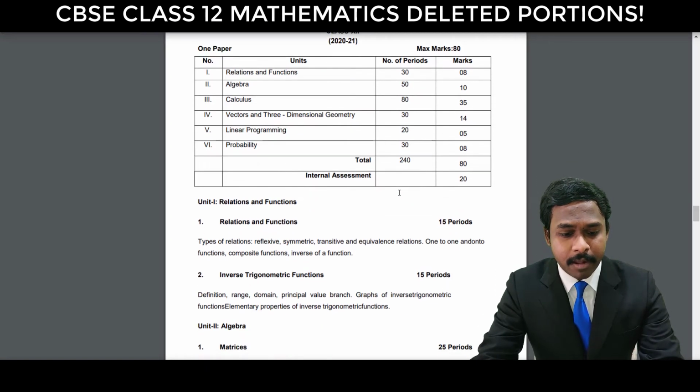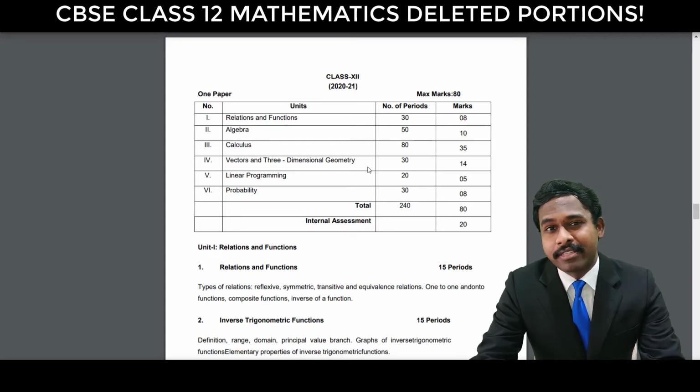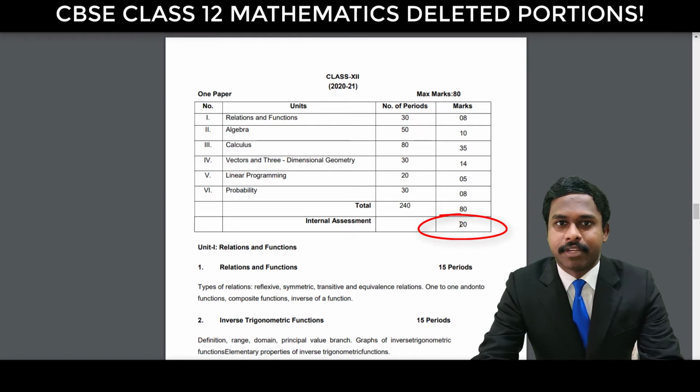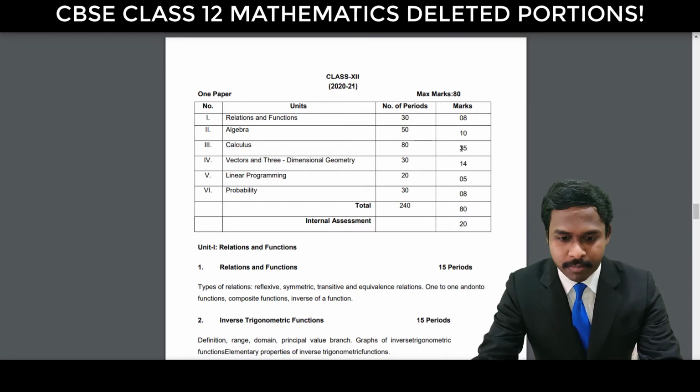And this will really help you, because at the end of the day, about 30% of the syllabus is deleted by the CBSE board due to COVID-19, but you can still score good marks, because 20 marks are given for internal assessment, in which the school will be conducting the assessment, and you have to perform well. Most students get 20 out of 20, and you have to focus on the 80 part.